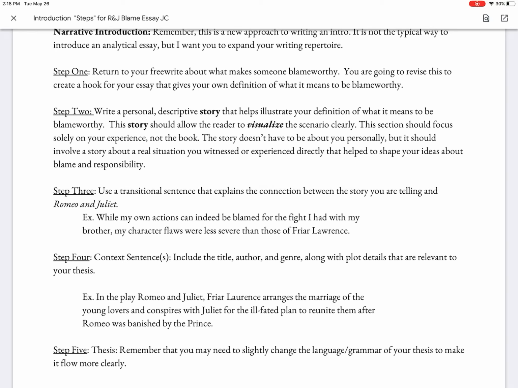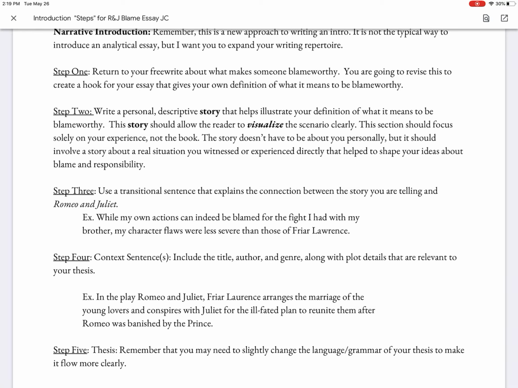It's not an argument. It's not saying why he's blameworthy yet. It's not my thesis statement, but it names the play. I'm going to revise that because it doesn't name the author. It should say, "In the play Romeo and Juliet by William Shakespeare, Friar Lawrence arranges the marriage of the young lovers and conspires with Juliet for the ill-fated plan to reunite them after Romeo was banished by the prince." Romeo and Juliet is a play title, so it also should be in italics. I'll fix that in the copy that I attached to your assignment link.